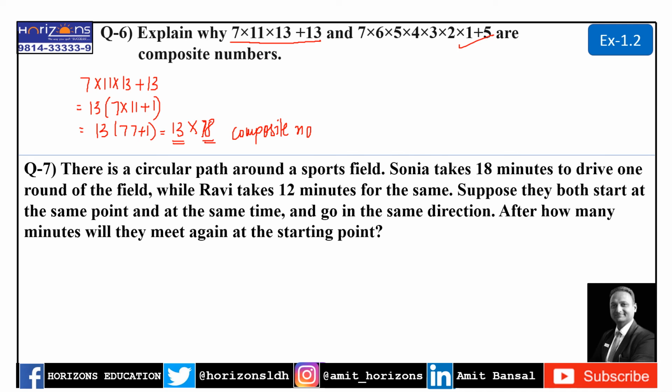Right? So one is traveling at a speed that it takes her 18 minutes to drive one round, and the other one is driving at a speed such that it takes him 12 minutes to do the same. Right? So if they start at the same time, they will meet again after how much time?